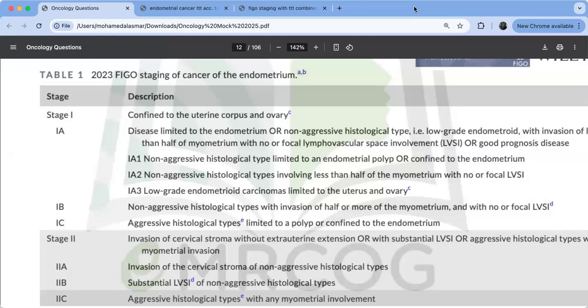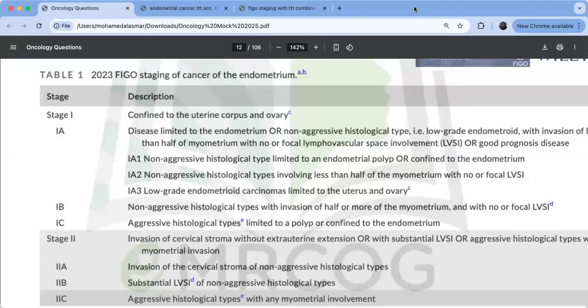So if I told you that most likely POLE mutations are well-differentiated tumors and they have a good prognosis, what do you understand about this? You would understand that this type of tumor behavior is not aggressive.